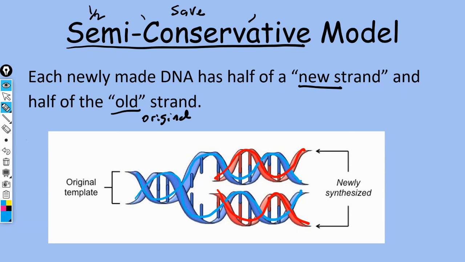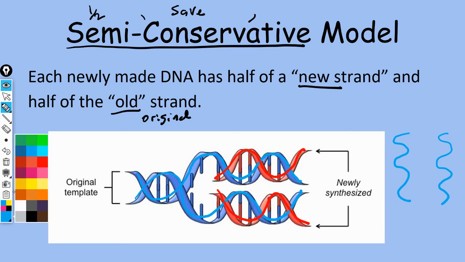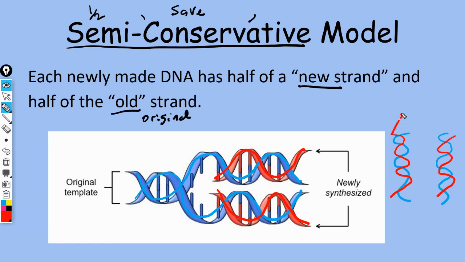So if we were going to draw out the finished product here, what we would get in the end is two strands of DNA, or what we could say two chromosomes or two sister chromatids that would each consist of one original strand and one new strand.